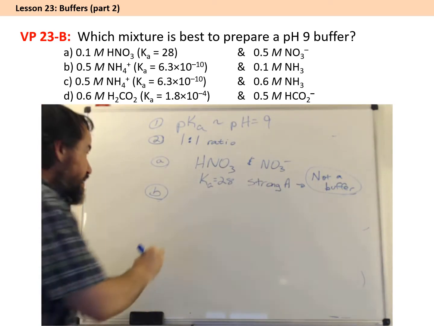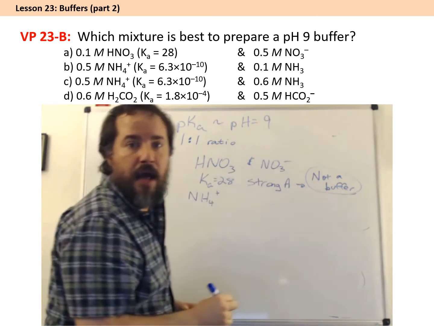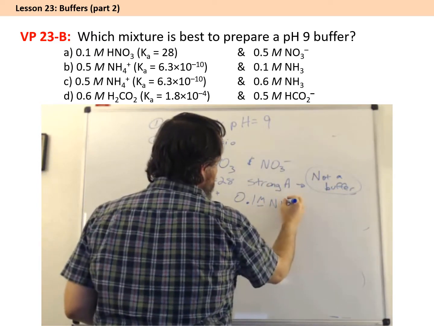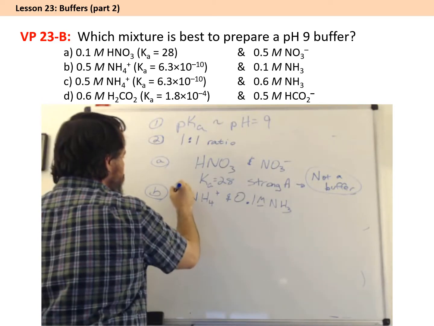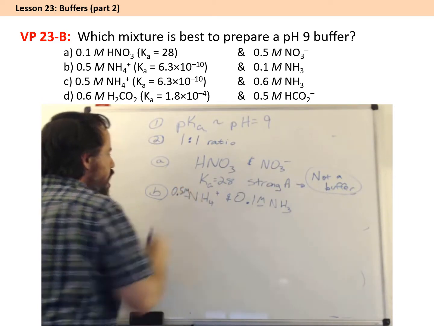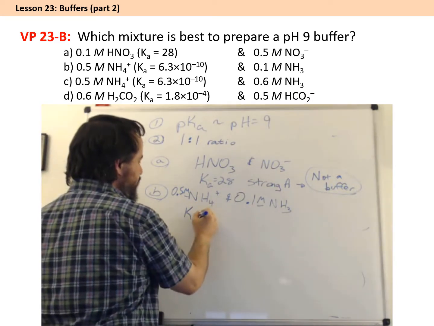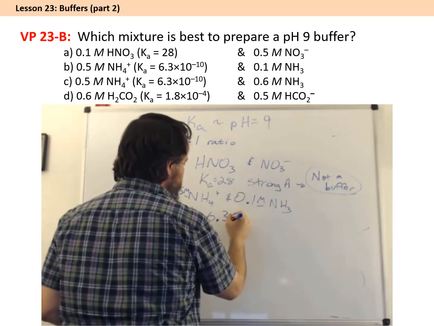In B, I have NH4 plus and NH3. This is 0.5 molar. All right, I'm told that the Ka of NH4 plus is 6.3 times 10 to the minus 10.